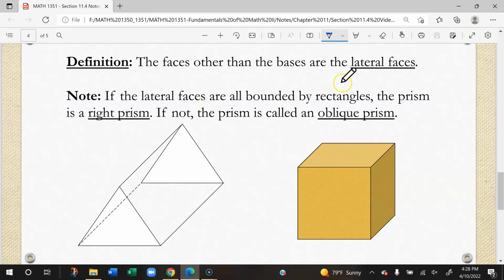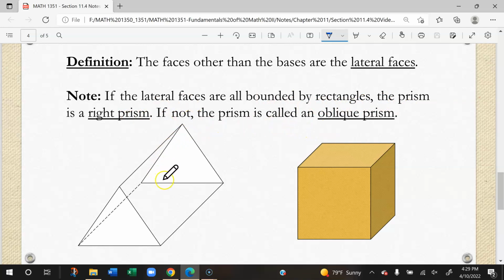The faces other than the bases are considered the lateral faces. So this is what I was looking at just a few moments ago. So the ends, think about a tent. The ends are going to be the bases, and these other parts are the lateral faces. If the lateral faces are bounded by rectangles, the prism is a right prism.